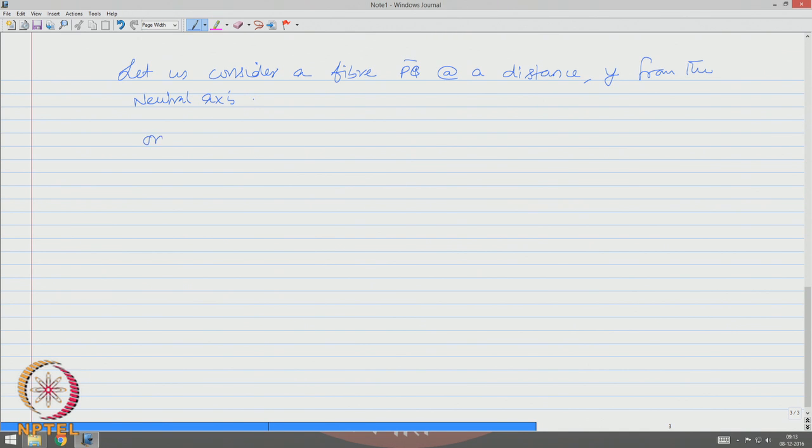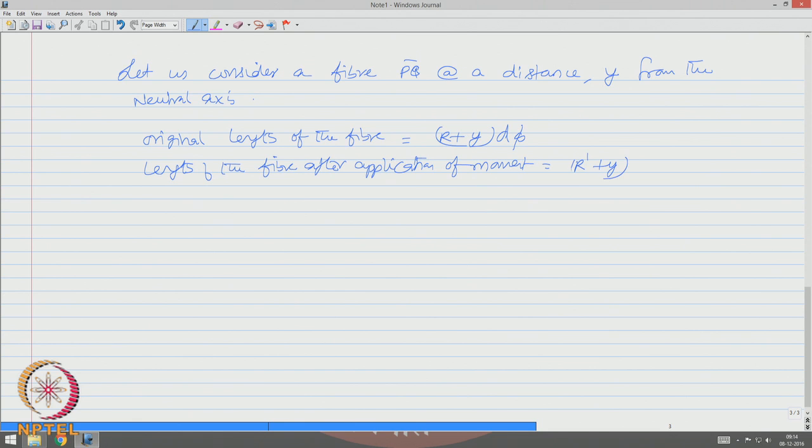So, now the original length of the fiber is actually r plus y into d phi. Now, length of the fiber after application of moment is r dash plus y into d phi dash.